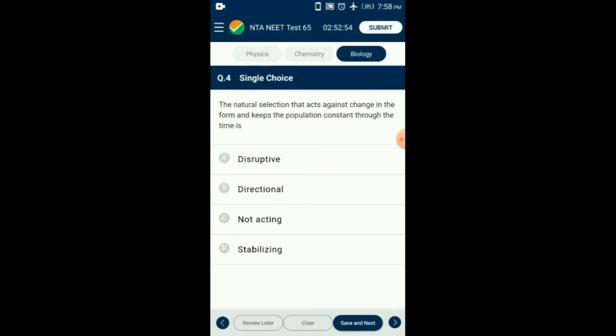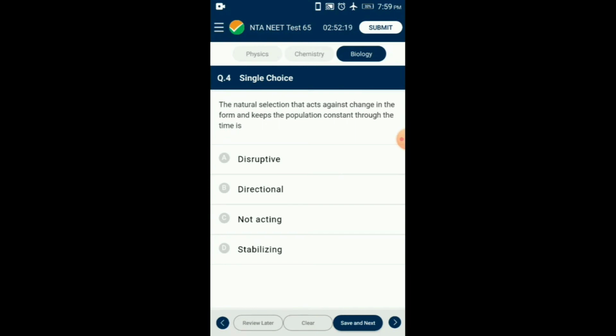According to differential reproduction, best adapted organisms reproduce at a higher rate and produce more offspring than those which are less adapted. 3 types of natural selection are observed: stabilizing selection, directional selection, disruptive selection.